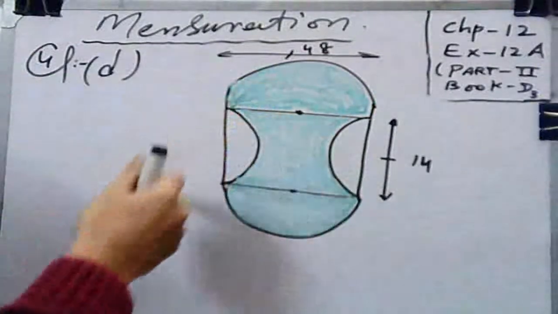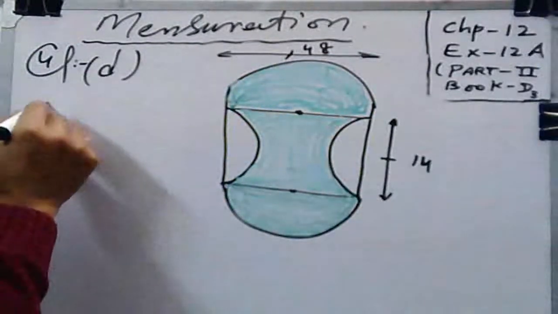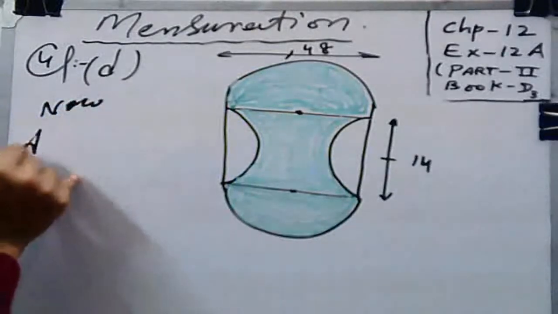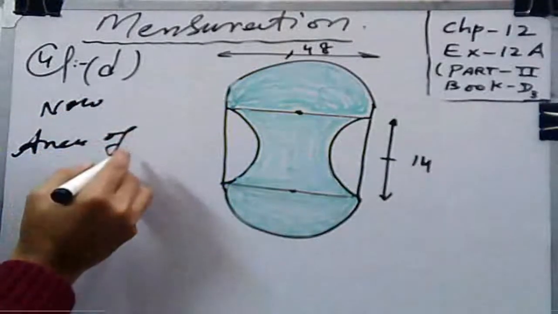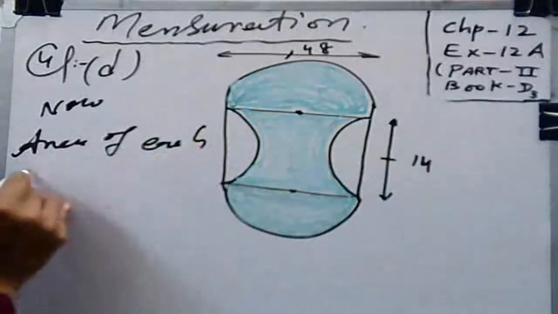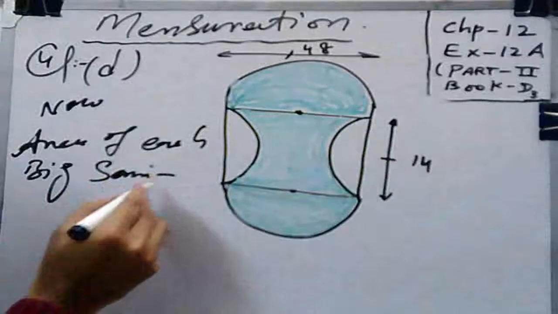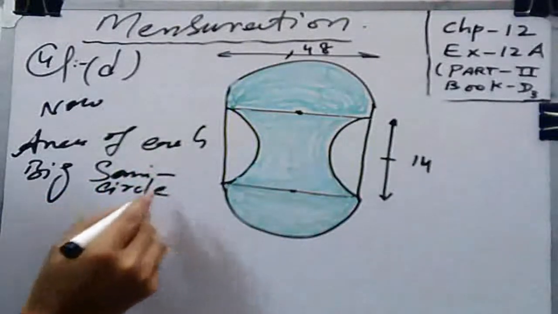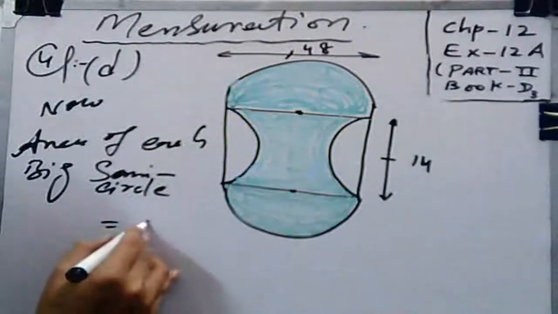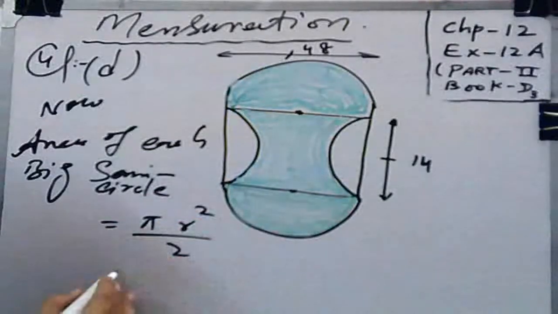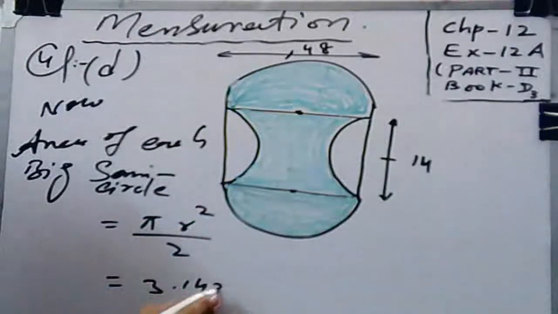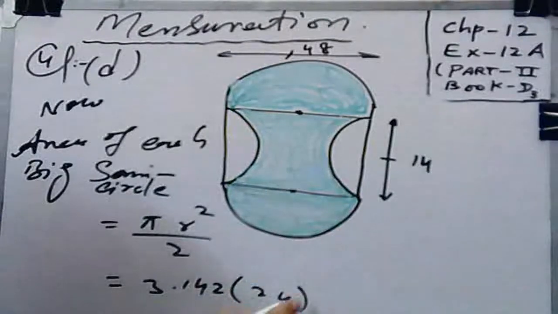So first, the area of each big semicircle is equal to pi r square divided by 2. We have the formula, we just have to put in the values, that is 24 square divided by 2.